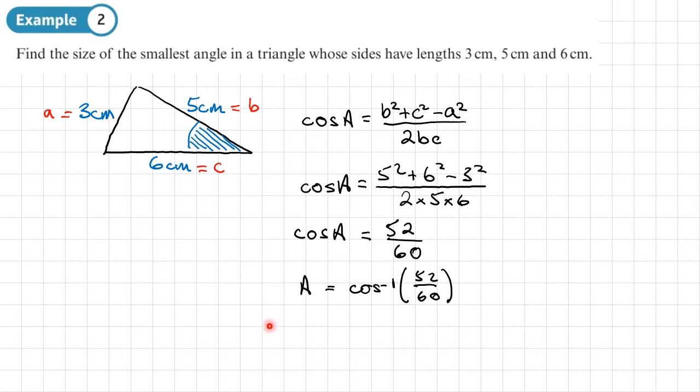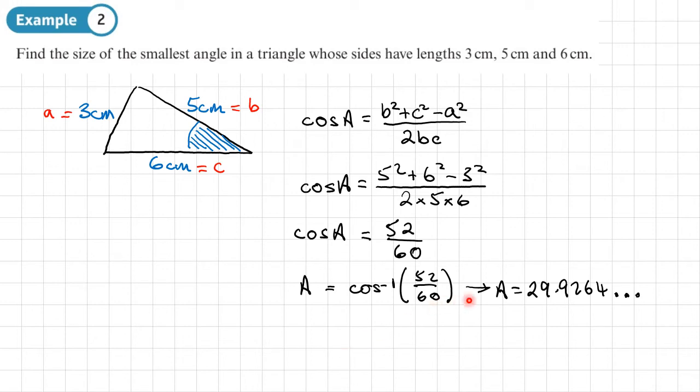Now if we don't get a nice number here, any sort of fraction, then what we'd want to do is the cos inverse of answer, and we can still do that here. So if we do cos inverse, press the answer button, that will give us A equals 29.9264 dot dot dot. It carries on.